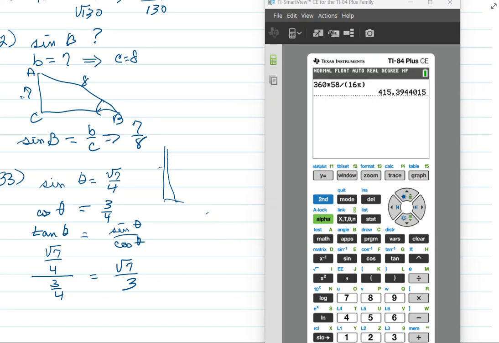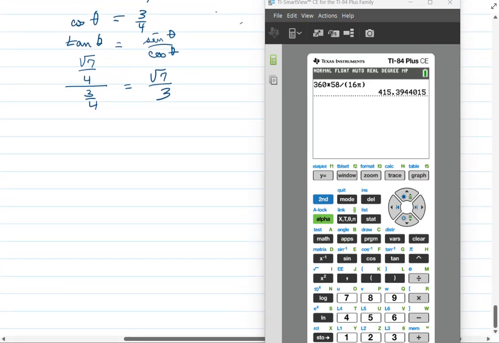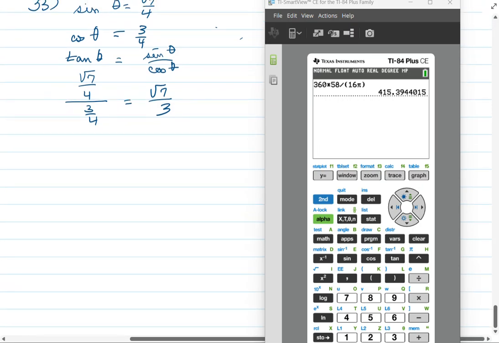It's a weird triangle. Anyway, they just wanted us to construct. And thank you for that. I'm glad you're that astute.